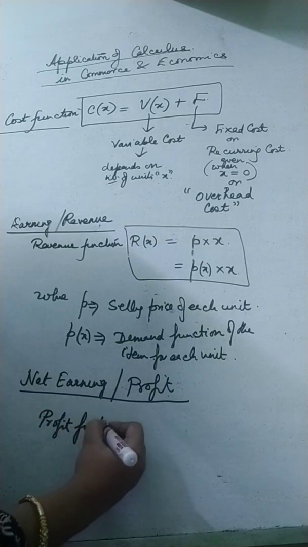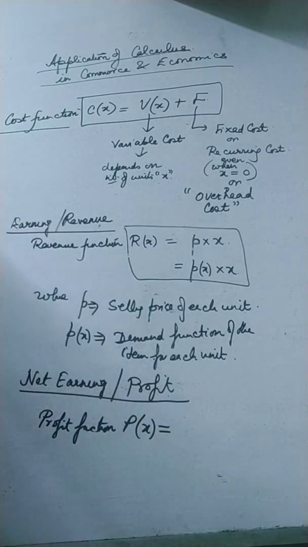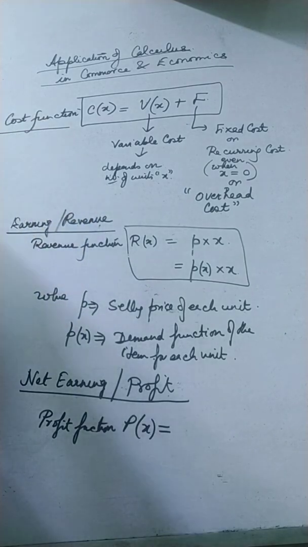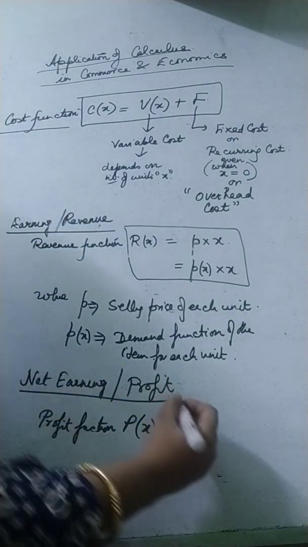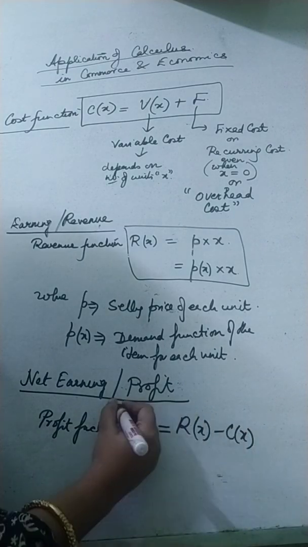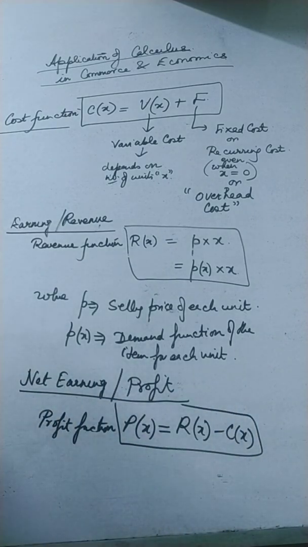It is a function of X, and it is given by obviously the amount of earning that you are getting minus the amount of expenditure that you have borne. So therefore it's R(x) minus C(x). It will be the revenue minus the cost that you have incurred.